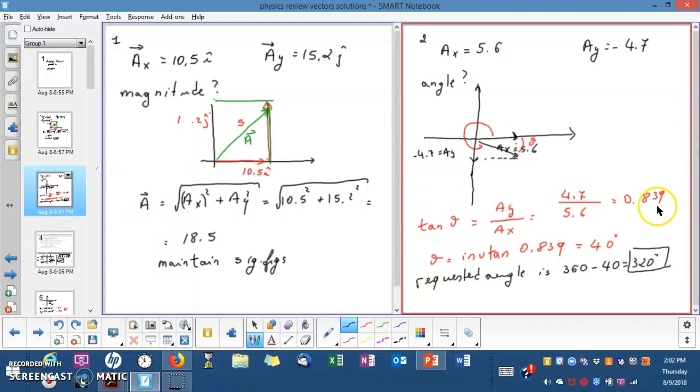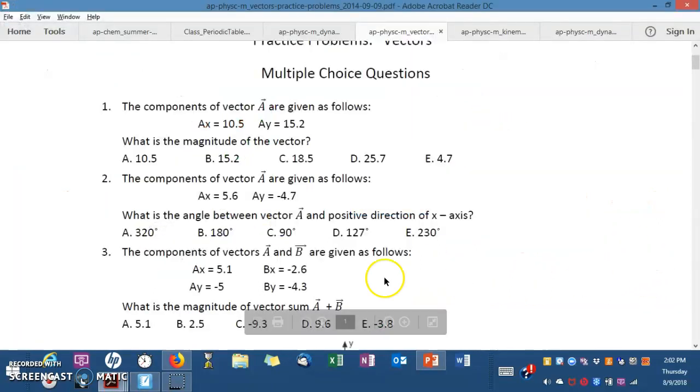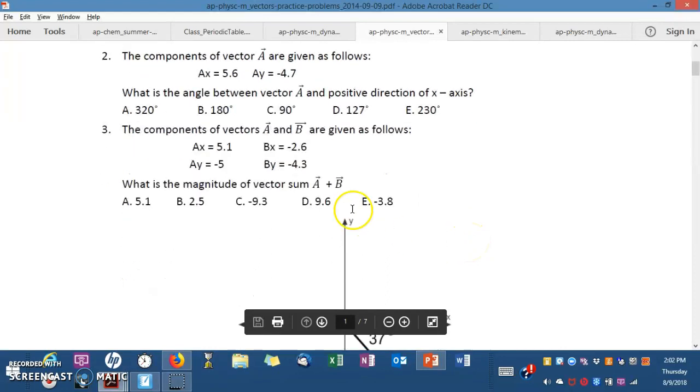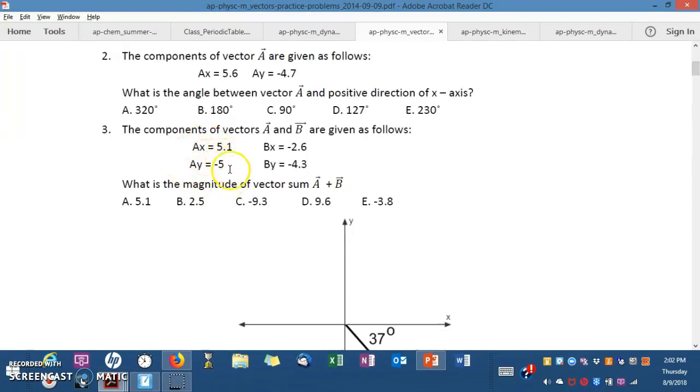At that point, I do the tangent inverse of the value, and I find 40 degrees. But 40 degrees, again, is this angle here. So you have to do instead your 360 minus the 40 degrees, and 320 is your answer for the second question. 320, so A.